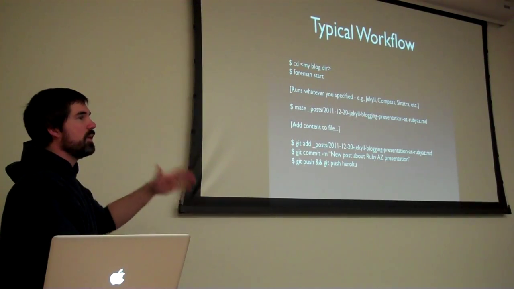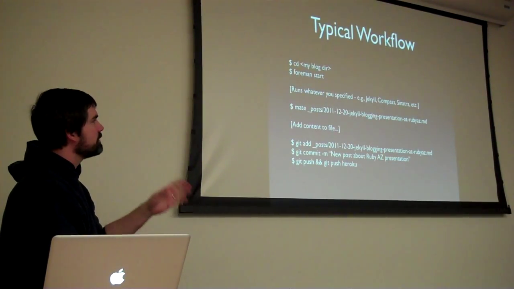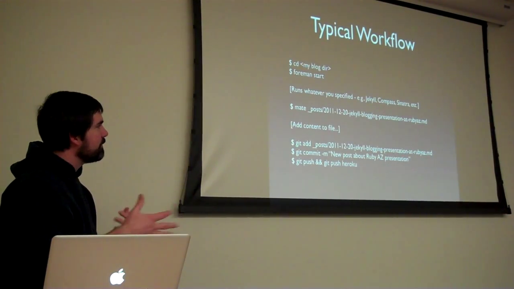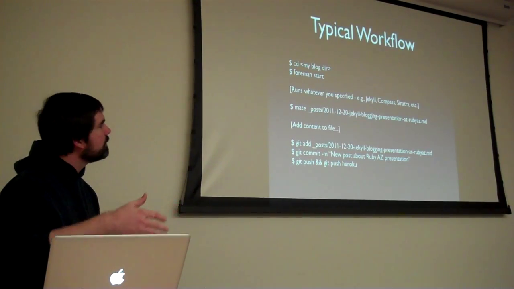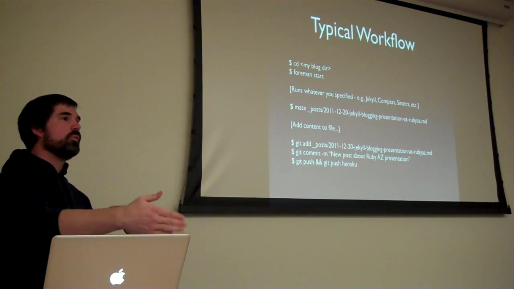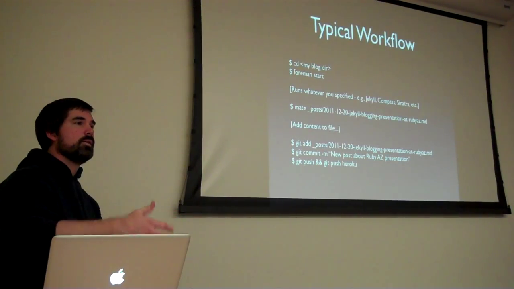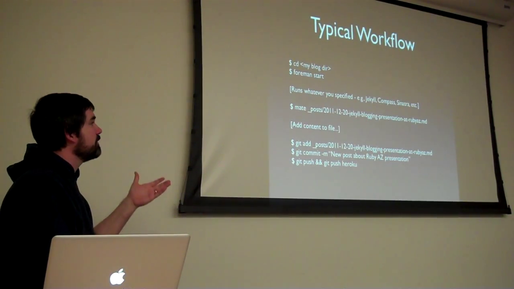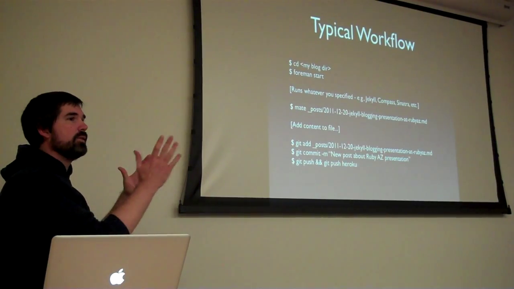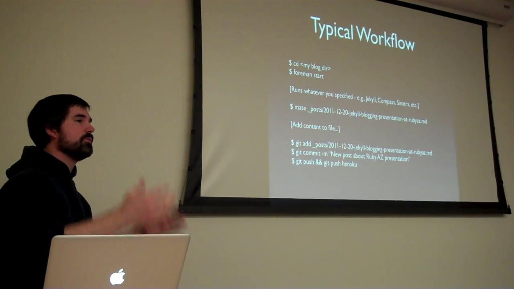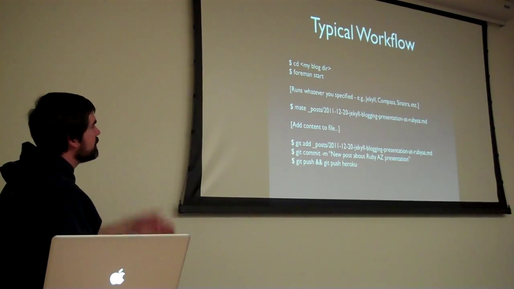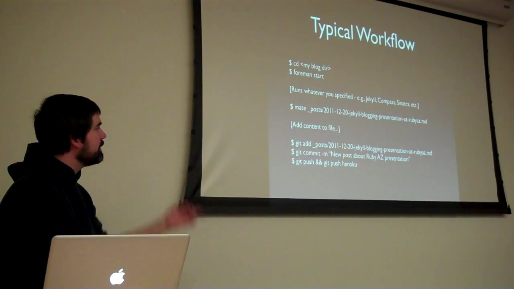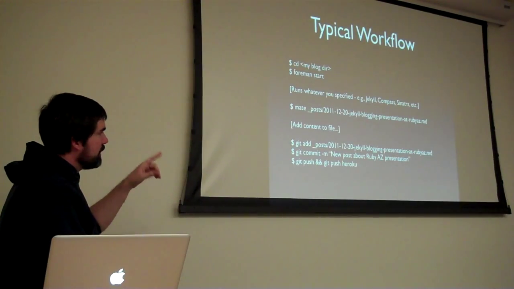So you'd have 2011, and then under that would be December, and under that would be the 20th. And then inside of that would be a Jekyll blogging presentation at rubyaz.html once it was generated. So on your site, when someone navigates to that, that would be the structure of the URL as defined in the configuration options.